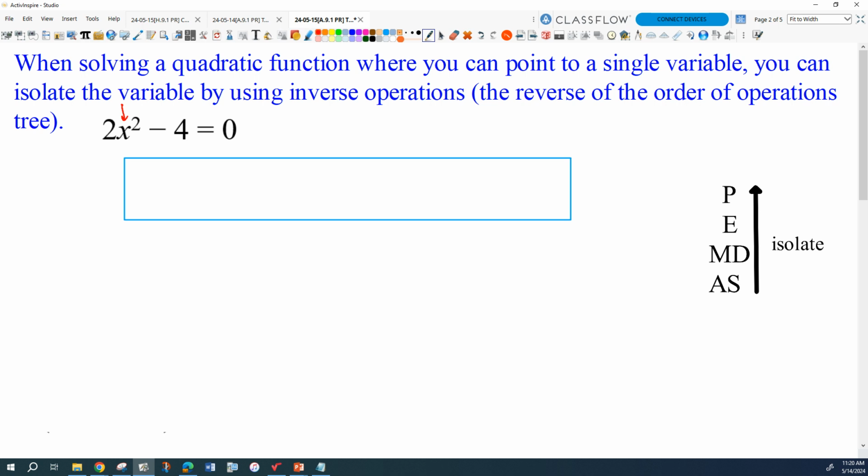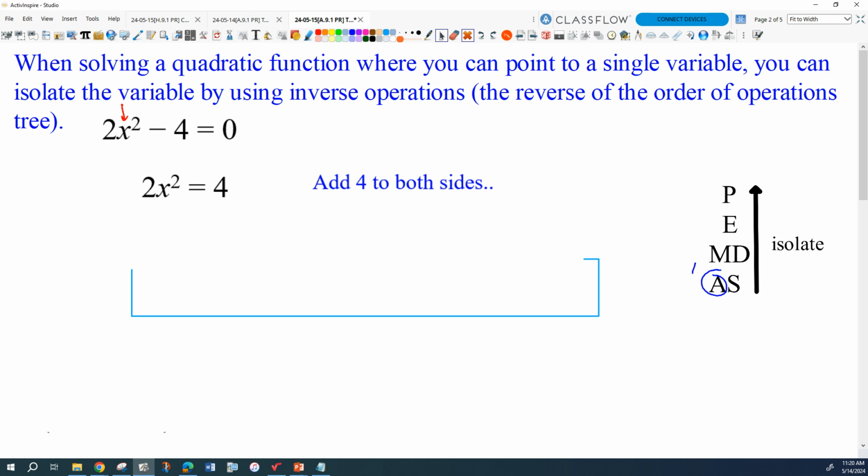So what's the first step to getting the x by itself? Add 4. There you go. So first step is addition, and we're going to add 4. Okay, good. What's the next step to get x by itself? Divide by 2. Okay, next step would be division.